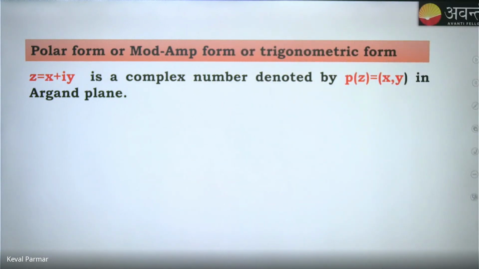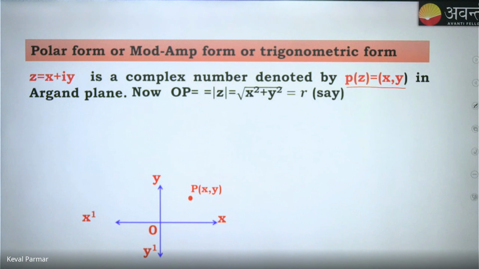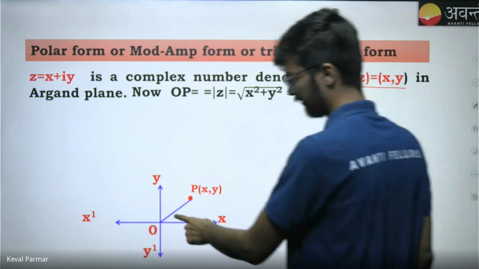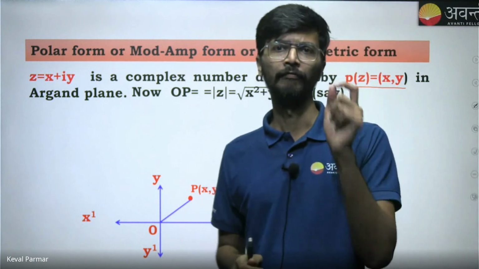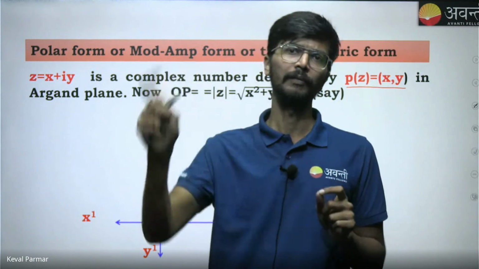As we all know, z equals x plus iy is a complex number, and let's say there is a point P in the Argand plane that we use to denote it. Then you can see here the length OP, when we join the origin to point P, is the modulus of the complex number.